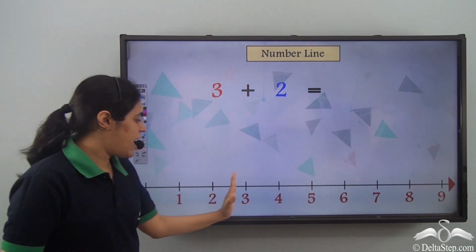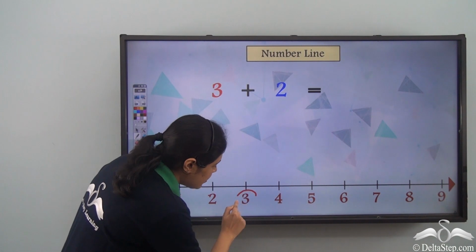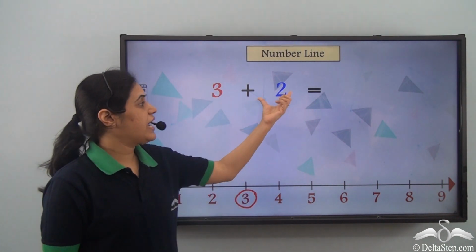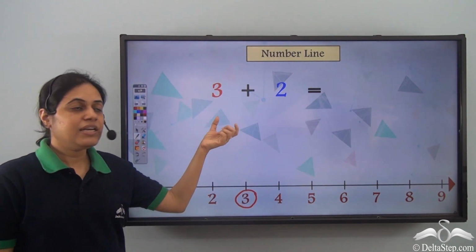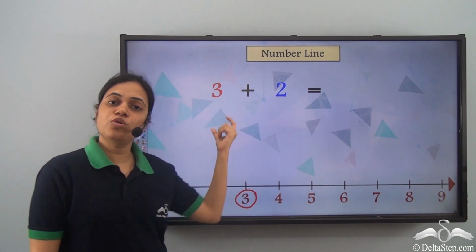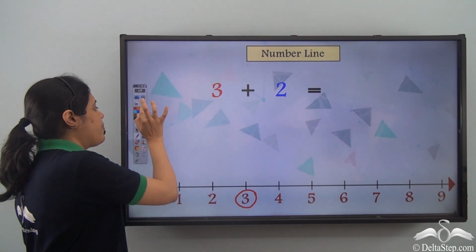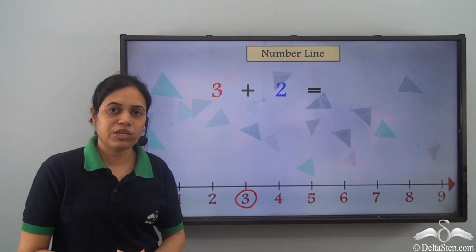So first I find where is 3 on the number line. 3 is placed here. Now I need to put together 2 and 3. That is, I need to add 2 to 3. So I need to hop or jump 2 places from 3.